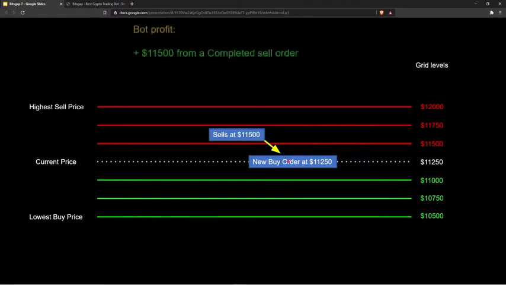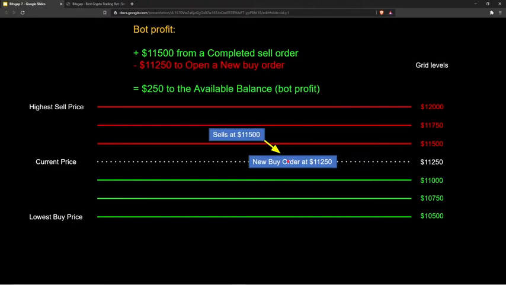And the difference, of course, is going to be the bot profit. So that's 11,500 that we took from the market as a sell order, and then we deduct 11,250, which is required to allocate a new limit buy order. And the difference in this case is what is known as the bot profit, which goes directly to your pocket.